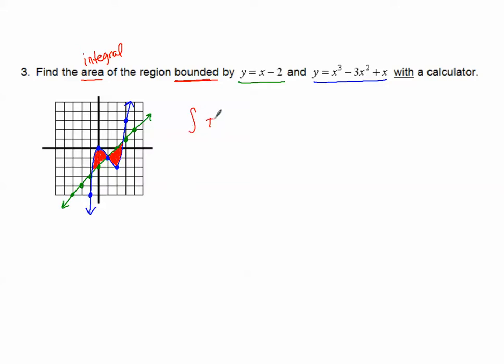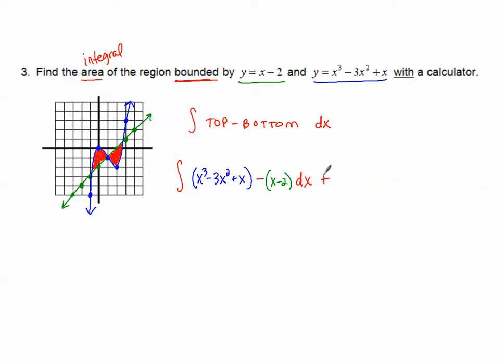So if I'm working as functions of x, top minus bottom, I'm going to have to use two regions, which is going to mean two integrals. So I'm going to do the integral of the first region, where the top is the blue function, or the cubic, x cubed minus 3x squared plus x, and then subtract from that the lower one, x minus 2, both with respect to x.